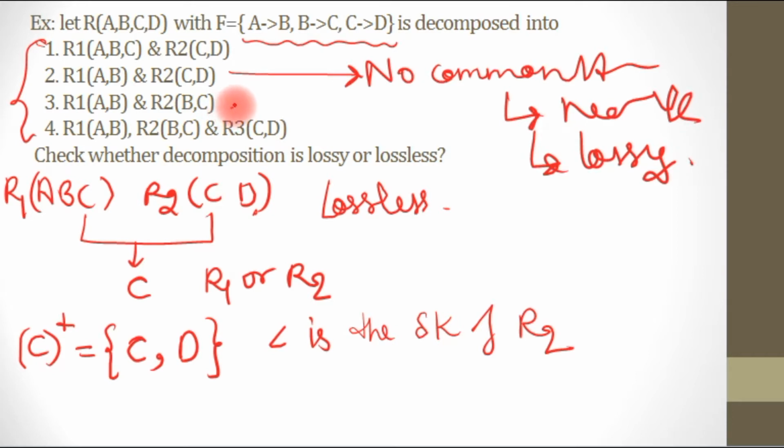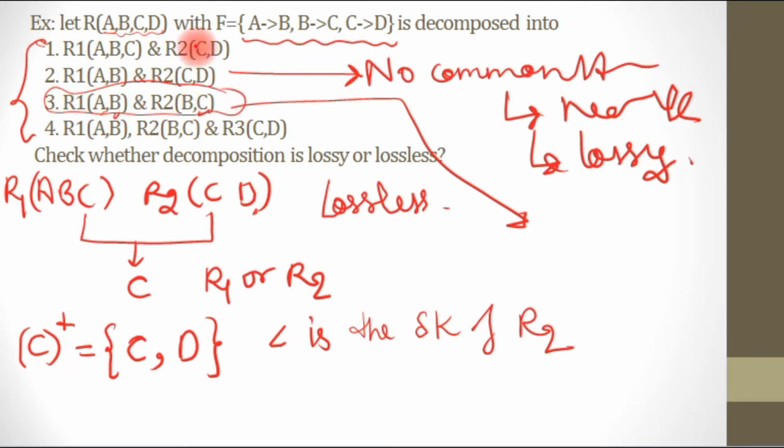Now check the third decomposition. In this decomposition, we are getting only attributes A, B and C. But in the original relation, we have four attributes A, B, C, D. So from these decomposition tables, we cannot get the original relation.